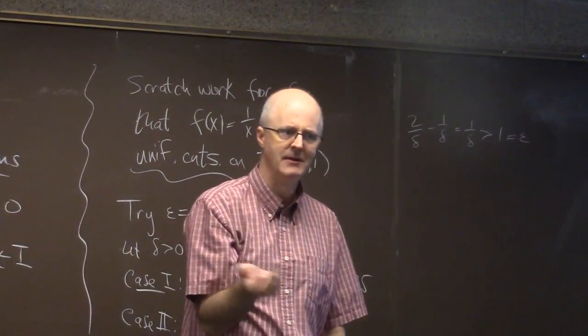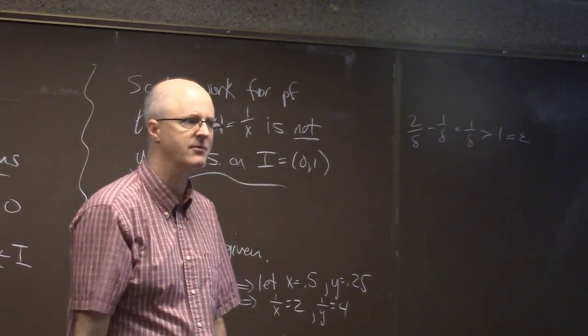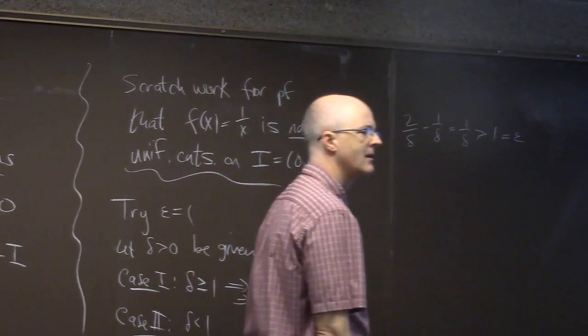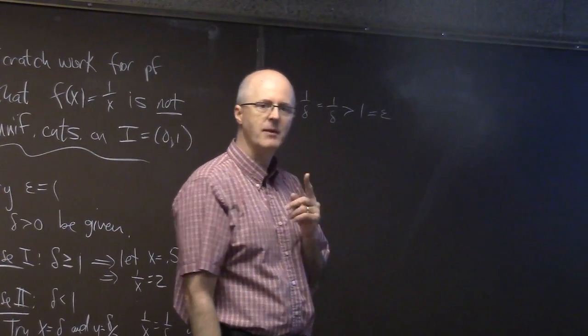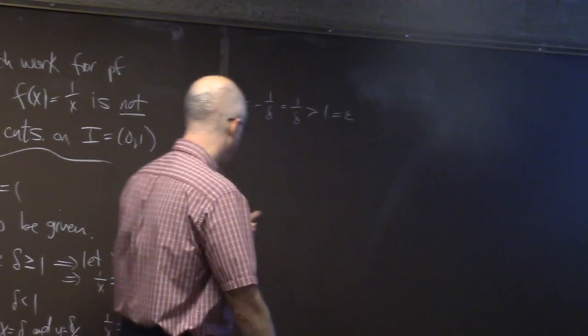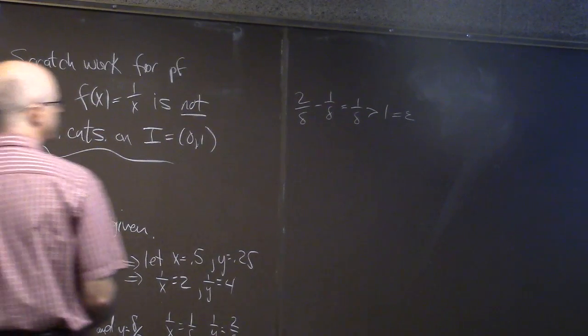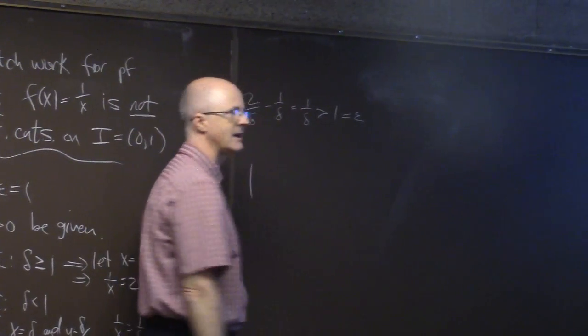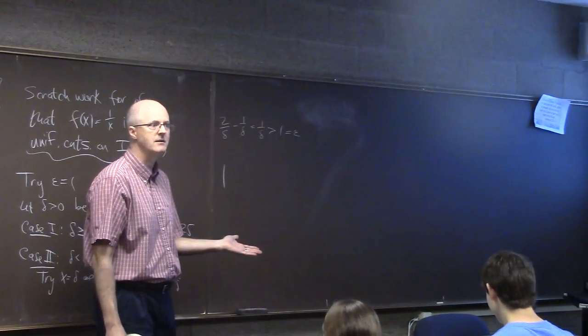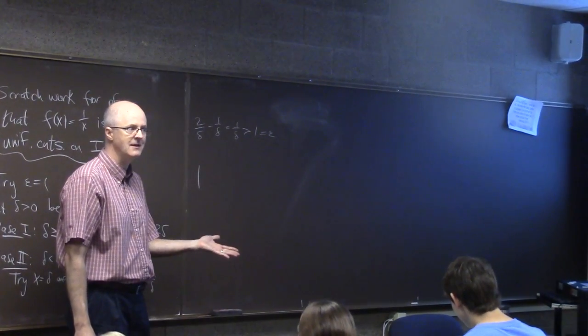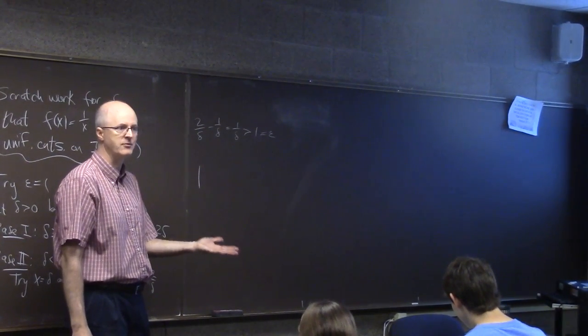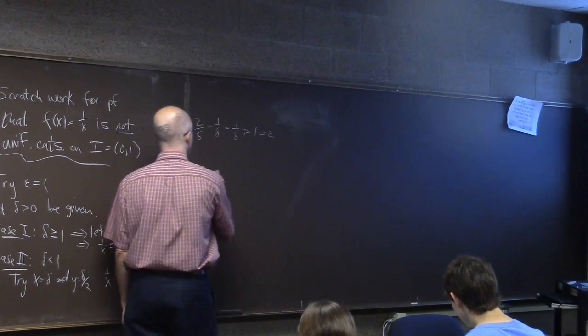Uniform continuity can be thought of in terms of derivatives when the function is differentiable. Actually, the uniform continuity of the sine function over the entire real number line can be proved with that inequality used to prove that sine of x was continuous everywhere. The uniform continuity over the entire real number line can be proved with the same inequality, this one.